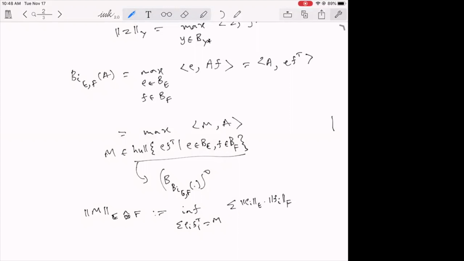Okay, this may look a little technical at first, but I insist that people always think of this hull of unit vector outer products whenever they think of this projective tensor norm.